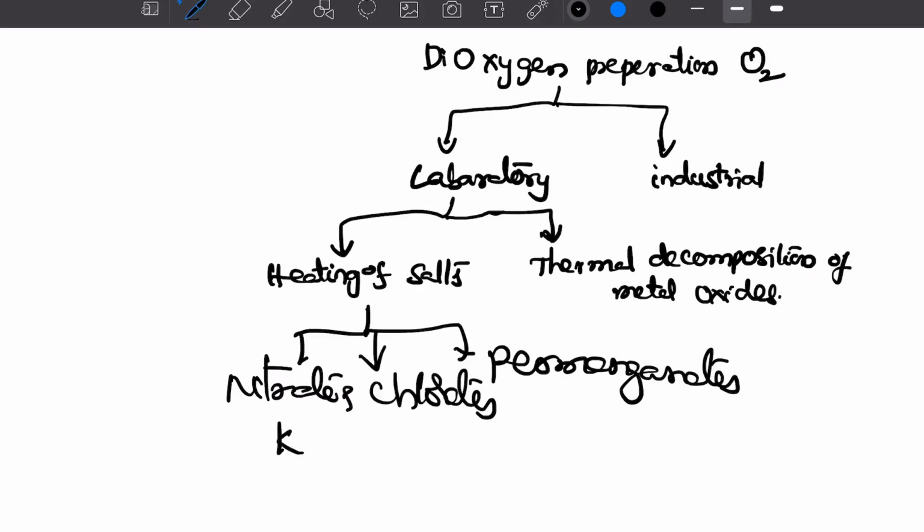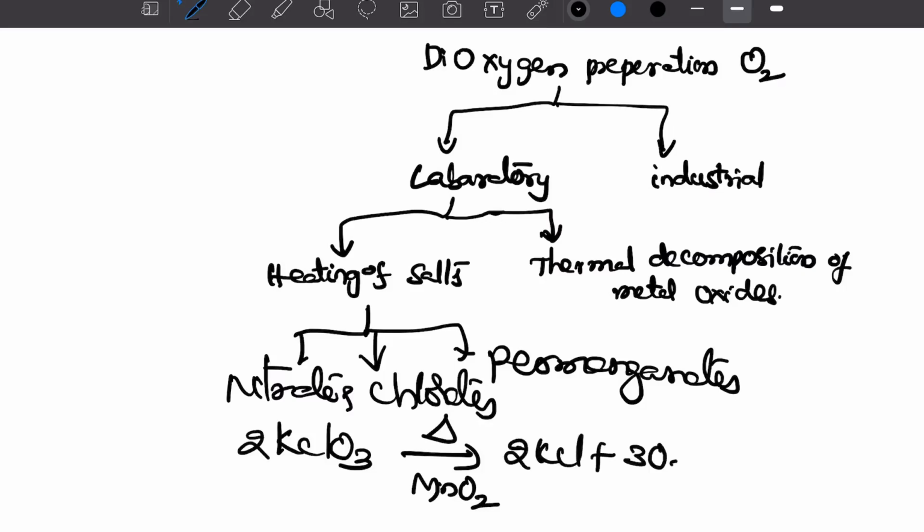When potassium chlorate, KClO3, is heated in the presence of manganese dioxide, which is used as the catalyst, we get 2 KCl plus 3 O2. So it liberates oxygen. Next is the permanganates, usually potassium permanganate, KMnO4.